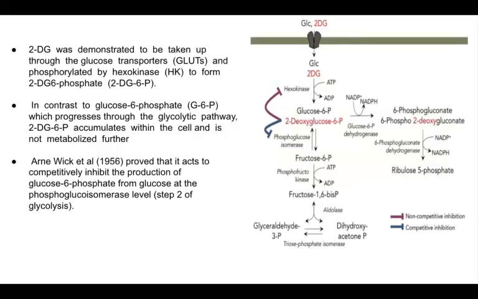So this is to reiterate the fact that 2-deoxy-glucose is not really a new molecule. It's something that was developed very early in the 1900s, very thoroughly researched, used in various experiments and research activities for diagnostic as well as therapeutic purposes.